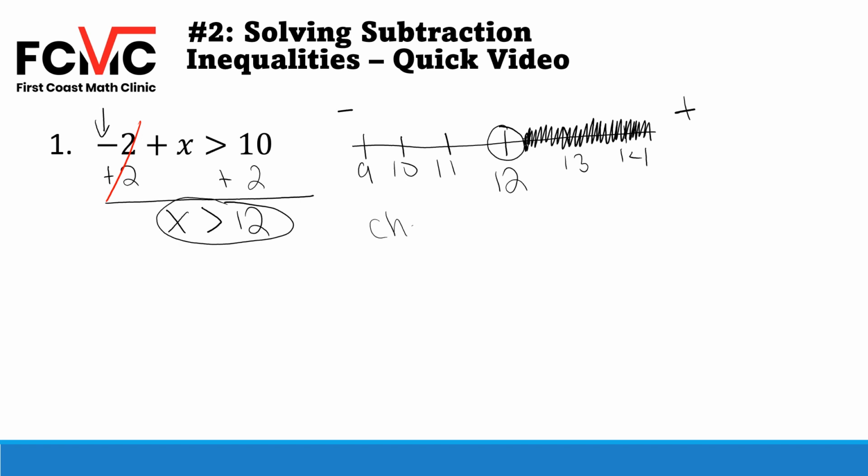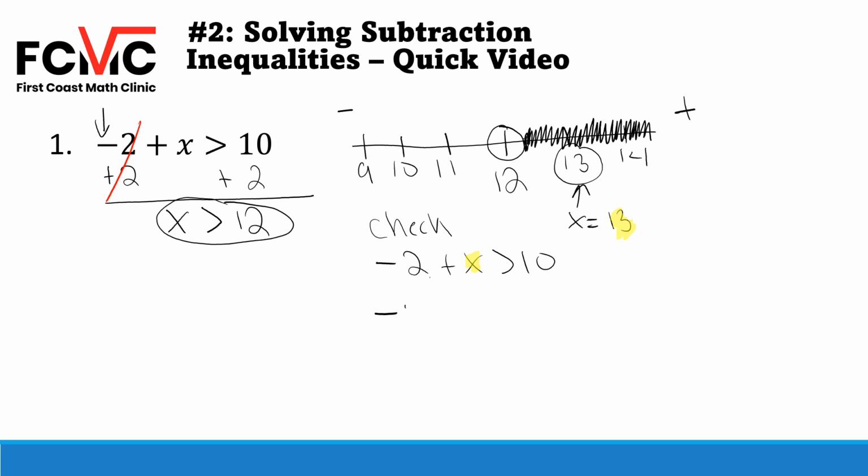So our check, let's pick a value in our solution set. So let me pick that 13, right? So we could do x is equal to 13. So our inequality, negative 2 plus x is greater than 10. Well, let's put that 13 that we're checking in for x.